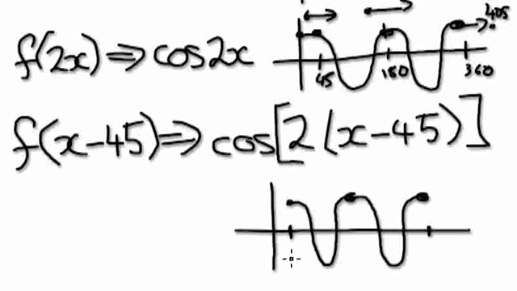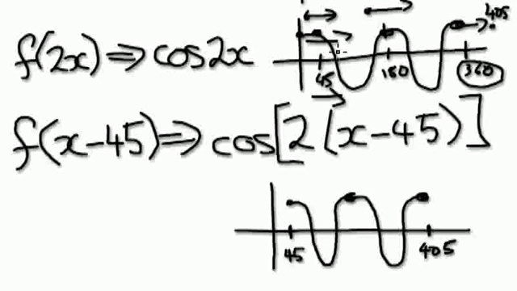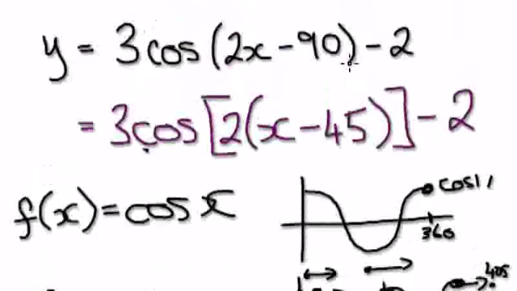So this bit here would be 45. This bit here would be 405, because it was 360, and then we add 45 because we are shifting everything across by 45. So that's taken care of.